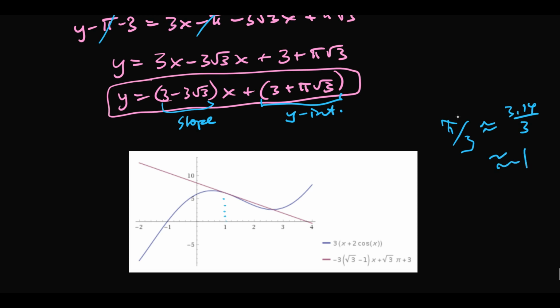So that's at 1, we have our tangent line, and we see that this line right here is indeed tangent to our function, 3x plus 6 cosine x. And then this little y-intercept right here, that's 3 plus pi root 3. All right, so that's that problem.